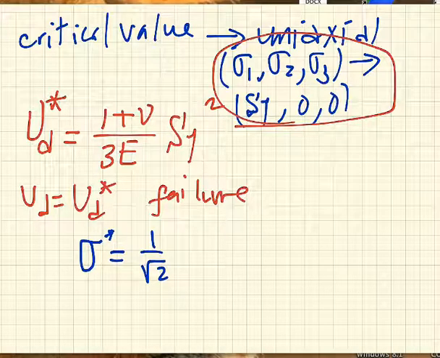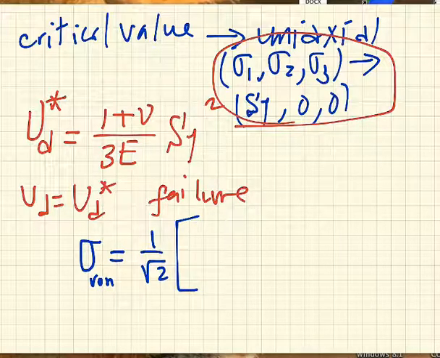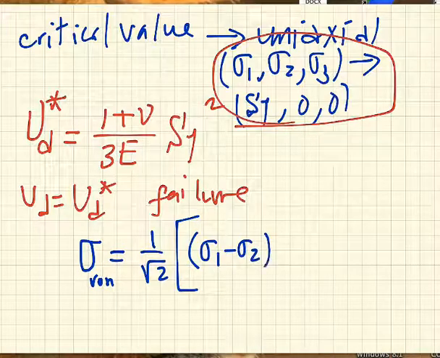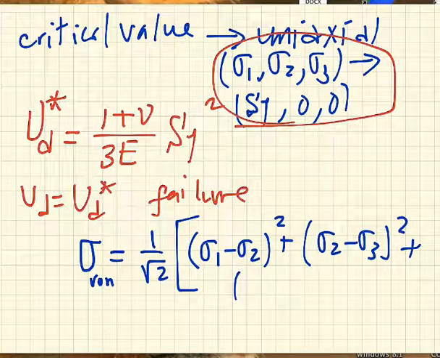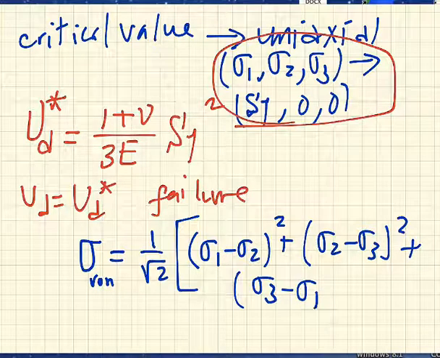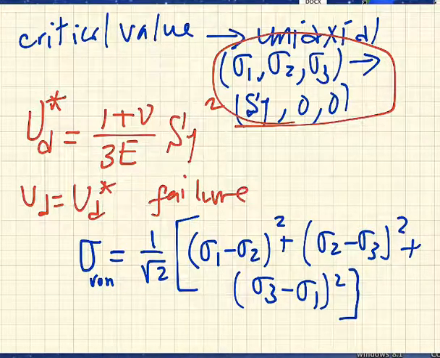Instead of sigma prime, we're going to call it sigma sub von. This is von Mises stress, a very famous stress. And it is equal to the square root of sigma 1 minus sigma 2 squared plus sigma 2 minus sigma 3 squared plus sigma 3 minus sigma 1 squared.